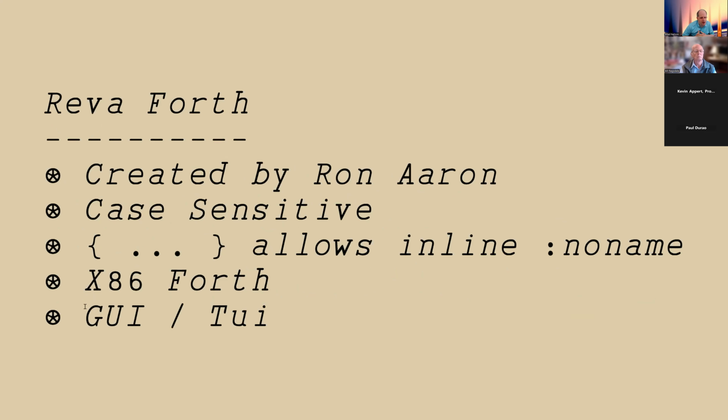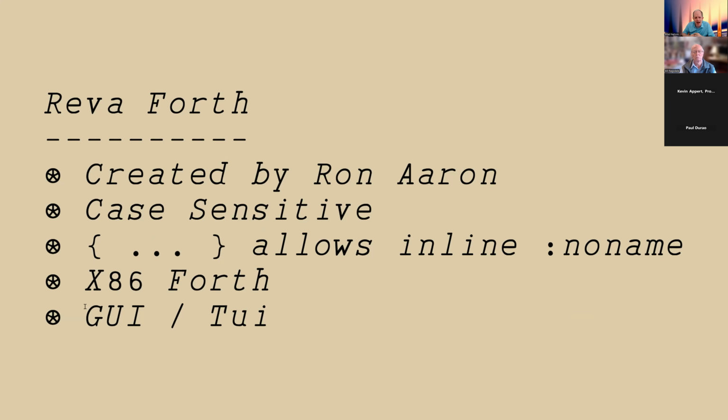Reva Forth was created by Ron Aaron. It's case sensitive. That was a gotcha that took me a little bit of time to realize, weirdly enough. I was wondering why this was not working, and I suddenly realized, oh, it's case sensitive. Rather than using curly braces for locals, as some implementations do, it actually uses them for inline no-name functions.